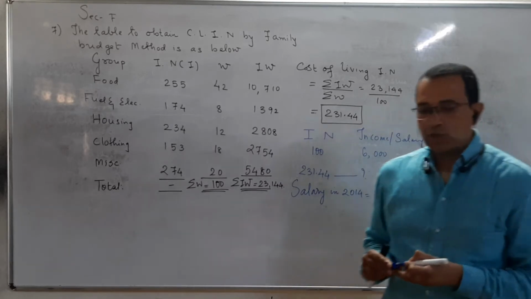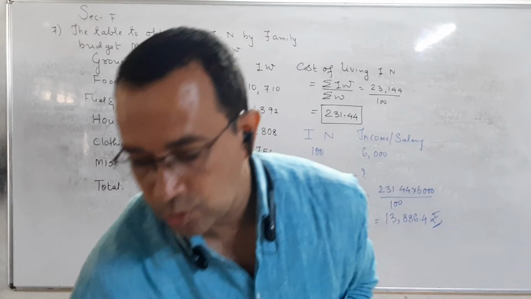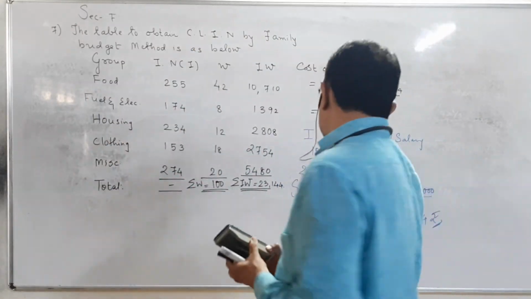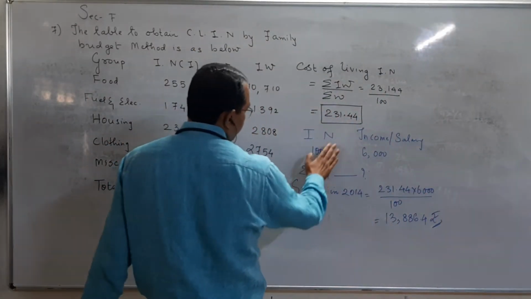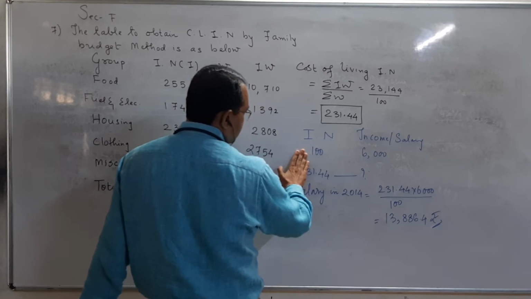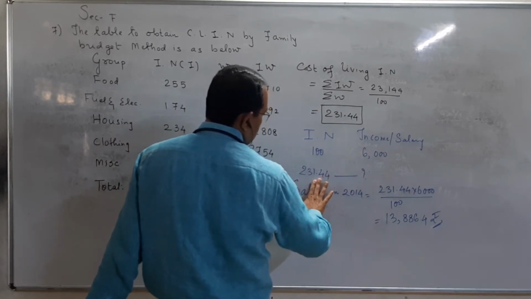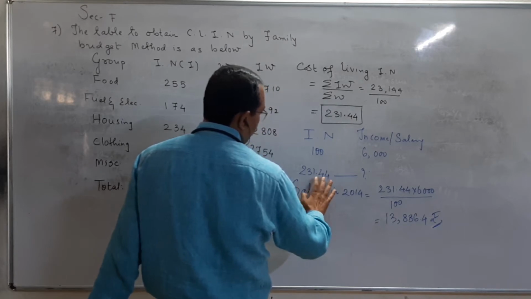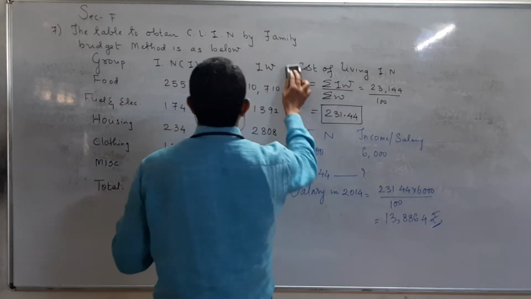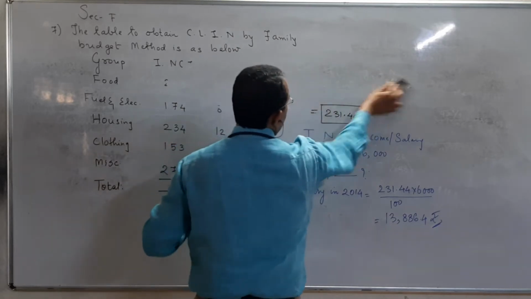So what is the salary to be paid to the worker in the current year 2014? Then it is proportional to the index number. When 2012 was the base year, index number 100, salary paid was 6,000. So when cost of living changes to 231.44, what is the salary? So it is simple cross multiplication.